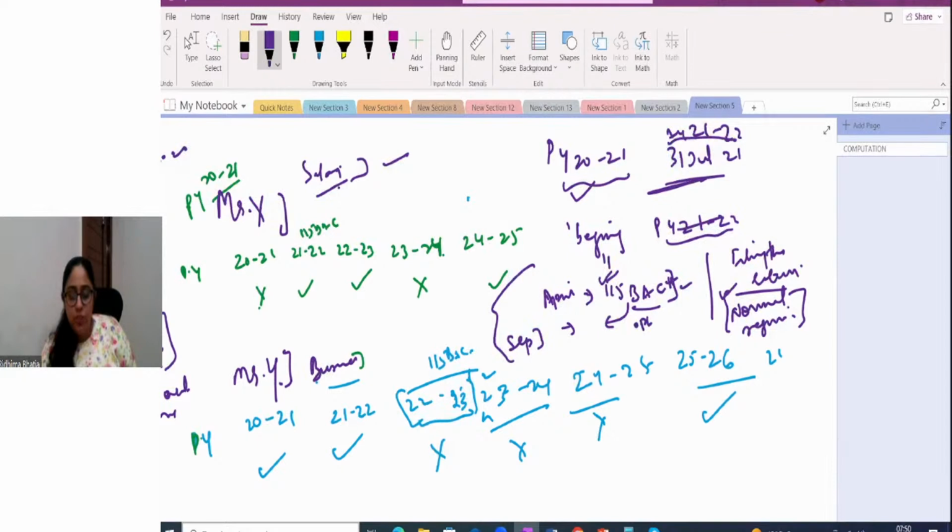Now, one important thing to keep in mind here: for a person having business or profession, he has to exercise the option before the return filing due date under section 139(1), because he has to file a form to claim this 115BAC.